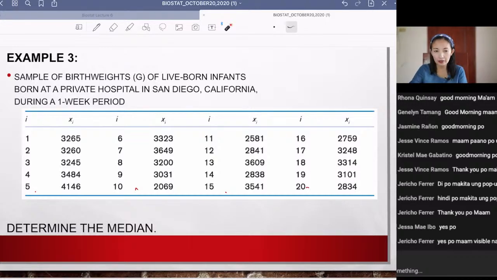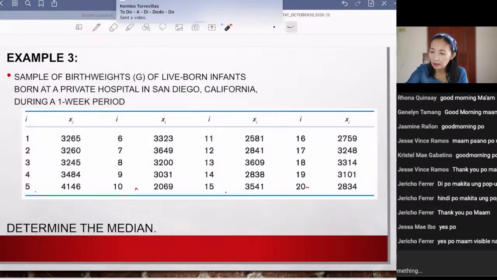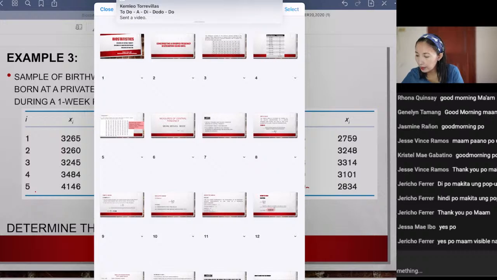Referring to this set of data, find the lowest and find the highest. So, let's go back. Where are we now?